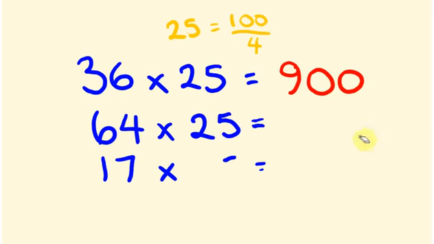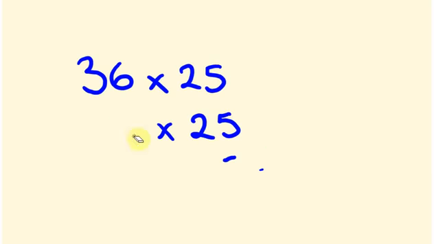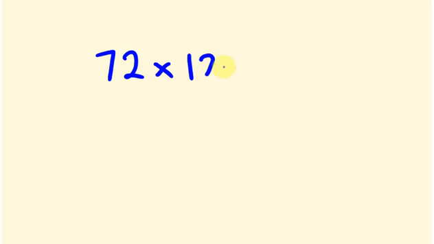Okay, what about the last part now, which I said we're going to cover, which is as follows. It's not rubbing out too quickly today. Okay, so say we were looking at now multiplying a number by 125. Say we had 72 times 125.